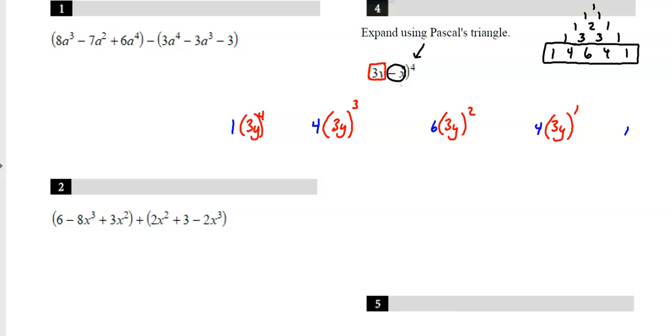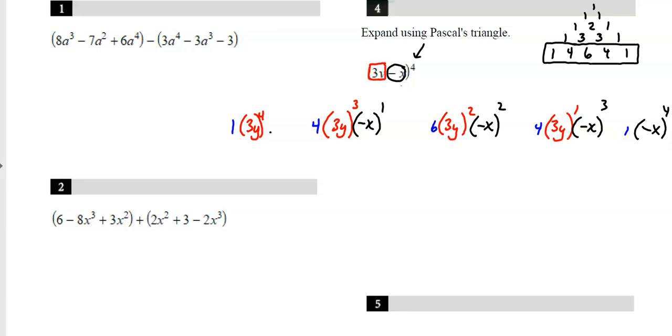It's going to start with nothing, and build up negative x to the first, negative x squared, negative x to the third, and eventually negative x to the fourth. Well, now we got to clean all this up. And remember, when you have a number inside of a parenthesis and you're raising it, you have to raise that number to the power.